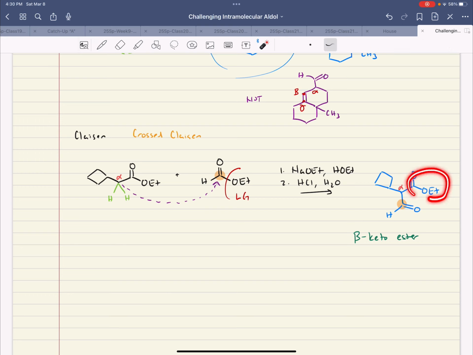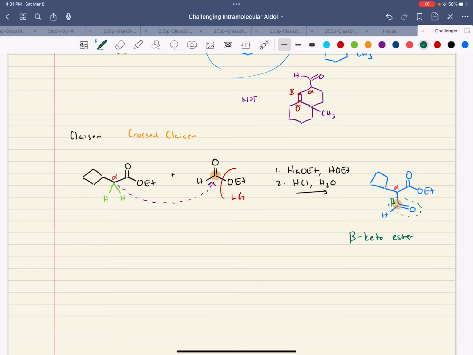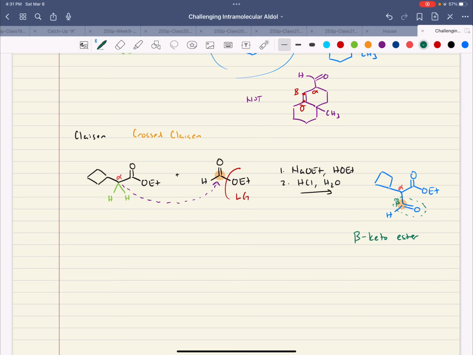From the ester, I make it alpha, and here's the beta carbon. So your beta is right here. There's a keto group on the beta position. So the keto group is an acyl group, or a carbon double bond oxygen, and it's the beta position of the ester. That is your cross-Claisen right there.